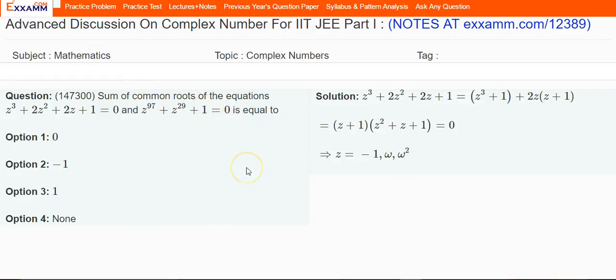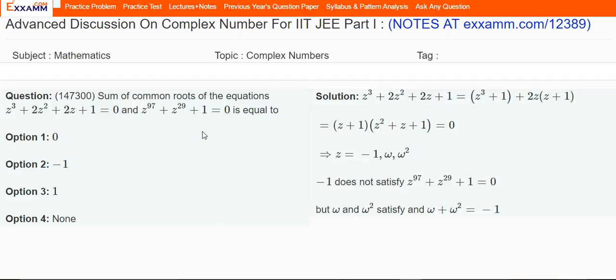Omega and omega square are conjugate to each other, as we have seen earlier when studying the cube roots of unity, so both will satisfy this. So the common roots are omega and omega square. What is the sum of these common roots? It is omega plus omega square. But we know that 1 plus omega plus omega square is equal to 0. So omega plus omega square is equal to minus 1.